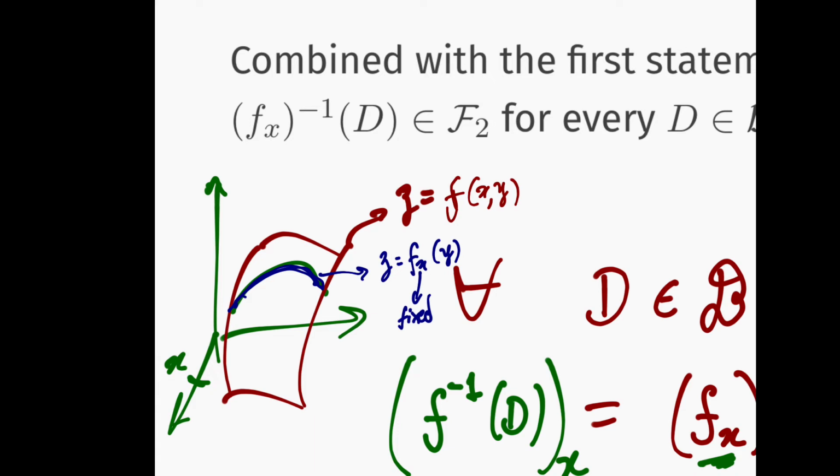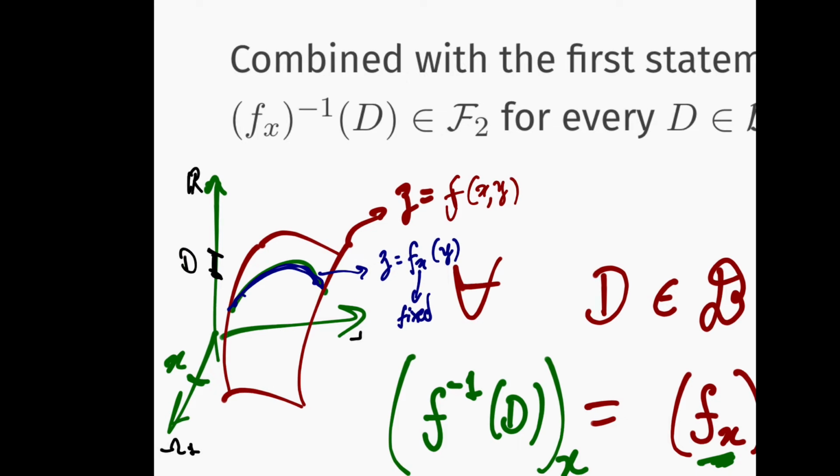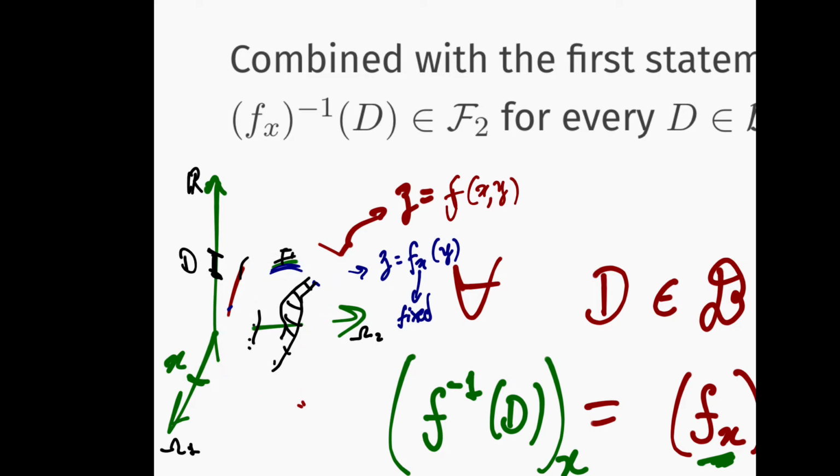And what we are saying is, if we take a set D, a subset here of the real line, where this was omega 1 and this was omega 2, which can be any space, then we can consider the pre-image of D in the surface, which will be whatever is between two level curves.